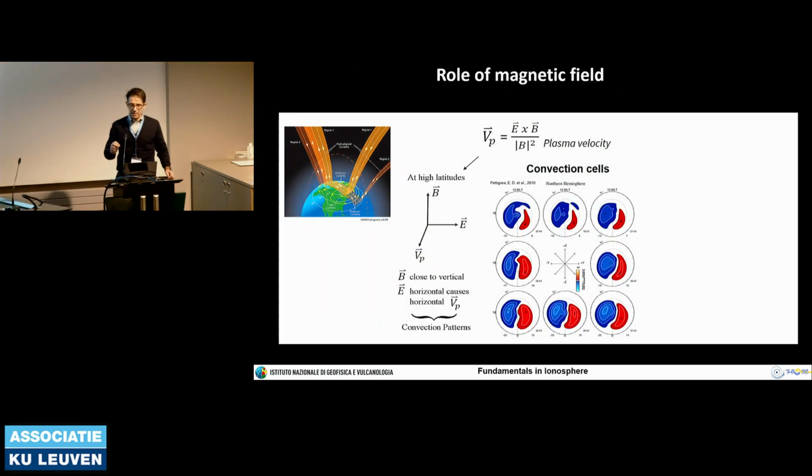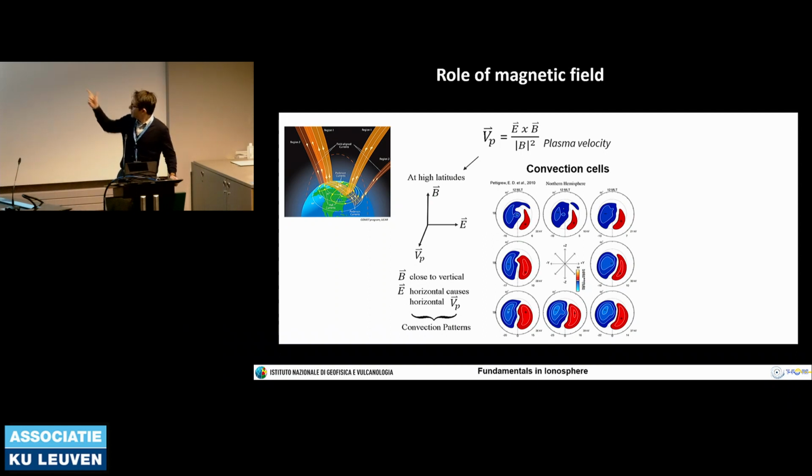So the dynamics of the plasma is ruled by the E cross B drift. The velocity of plasma depends on the vectorial product between the electric field and the magnetic field. At high latitude, you remember that the magnetic field is nearly vertical. If you remember the field line currents I mentioned before, they create an electric field which is horizontal.